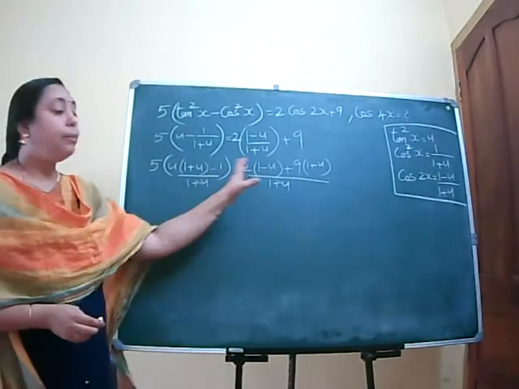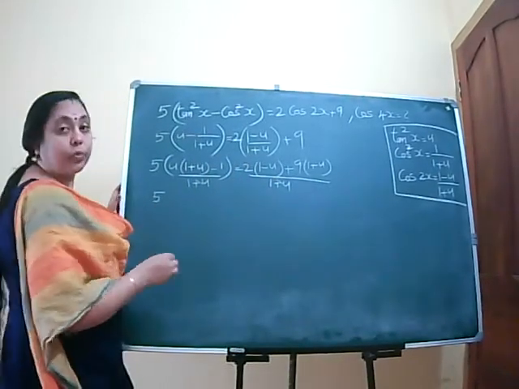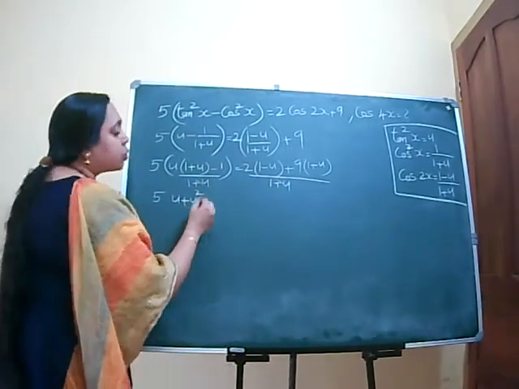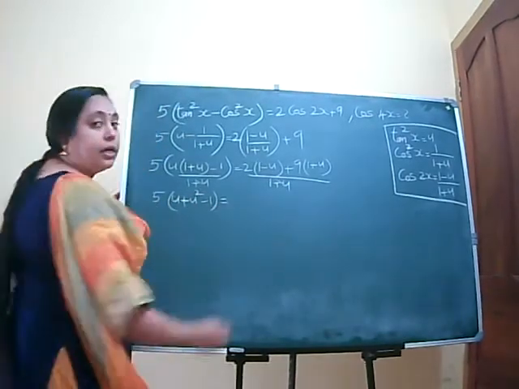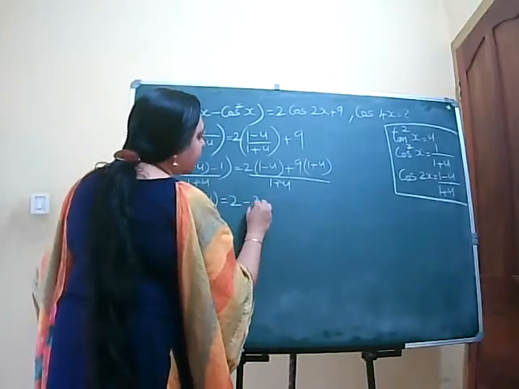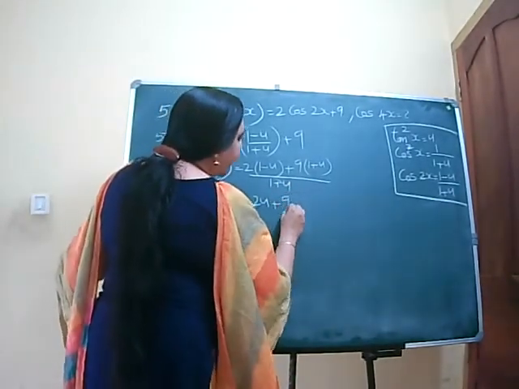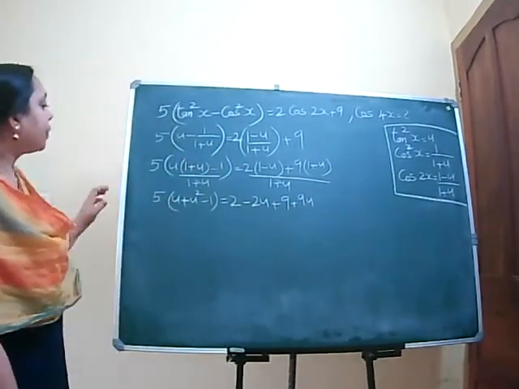Now on simplifying we get 5 into u plus u square minus 1 is equal to 2 minus 2u plus 9 plus 9u.